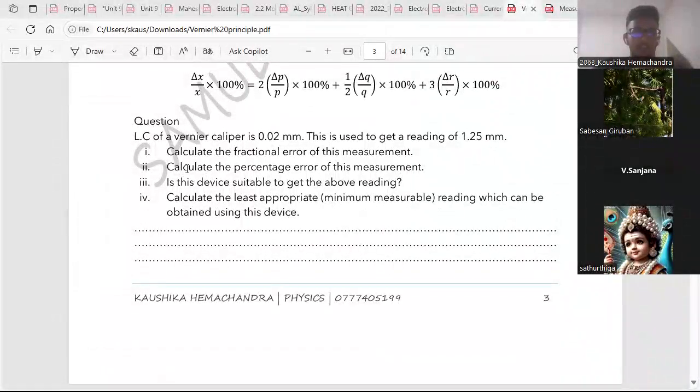You can send the answers after doing. You can just send the fractions, no need to calculate. But simplify the fraction, cut it as much as possible, just like I showed you.